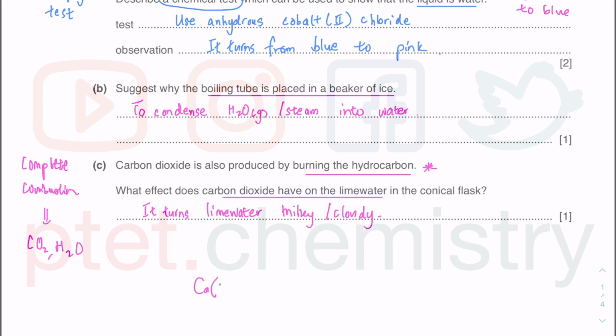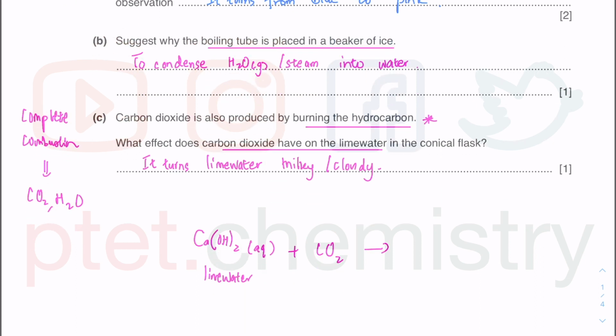So if you think about the chemical reaction, this is an aqueous solution because it's a saturated solution, so it's soluble. Saturated means the maximum amount that can dissolve in it. So you have lime water that you bubble CO2 through. What's going to happen is you will produce calcium carbonate plus H2O.